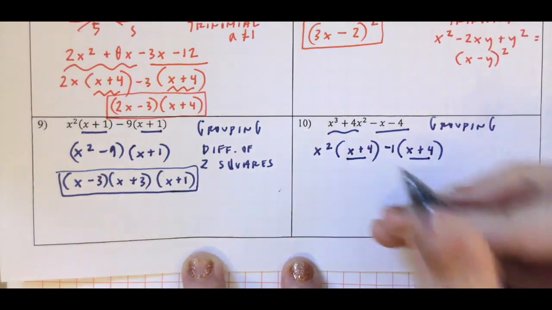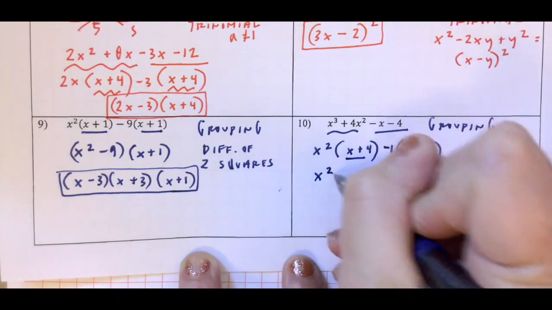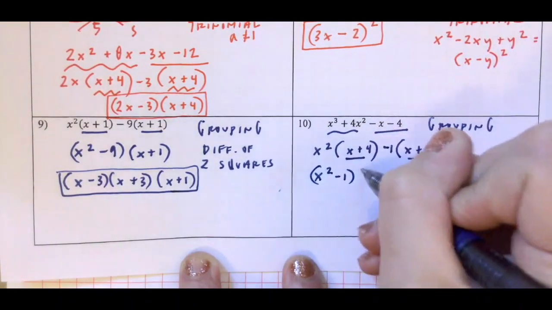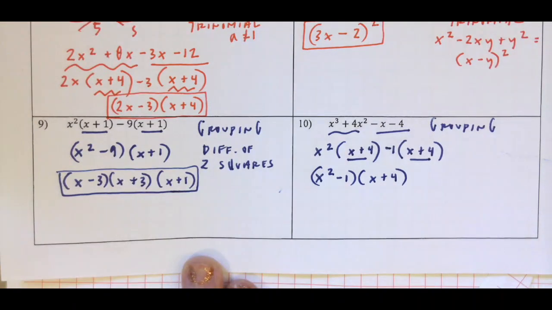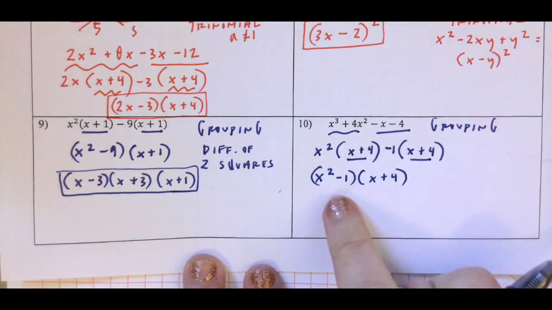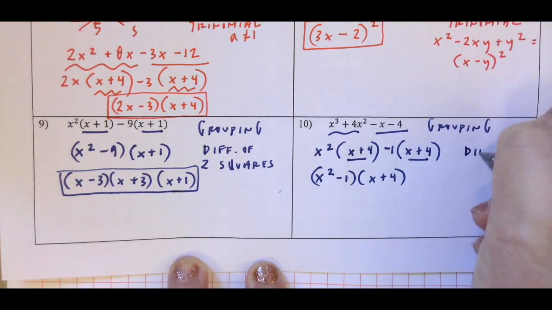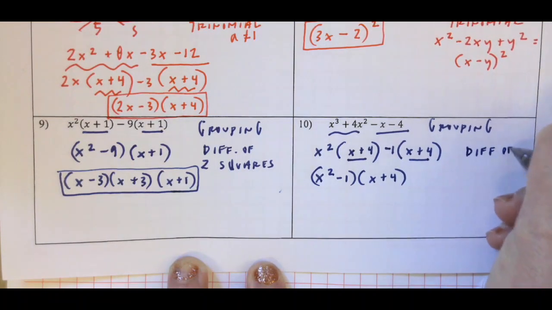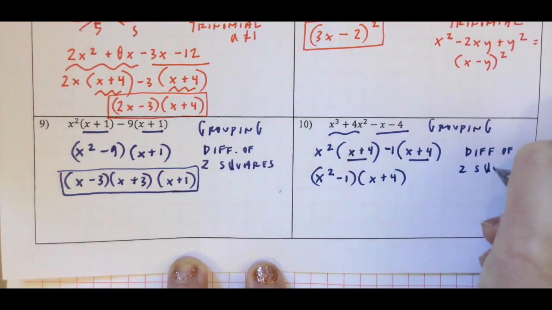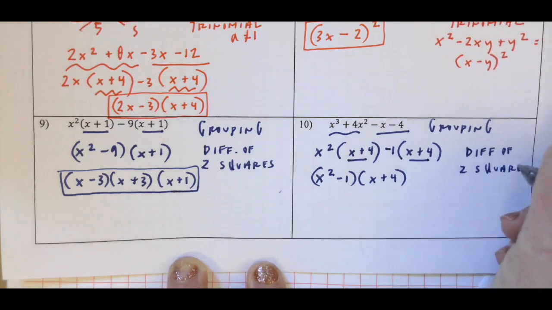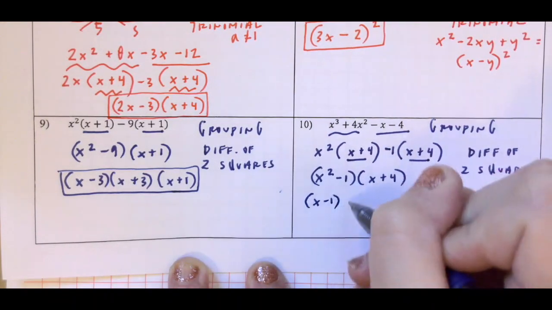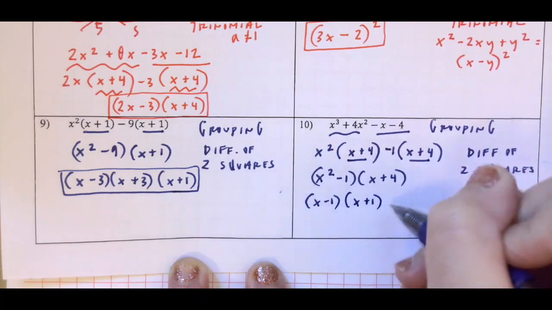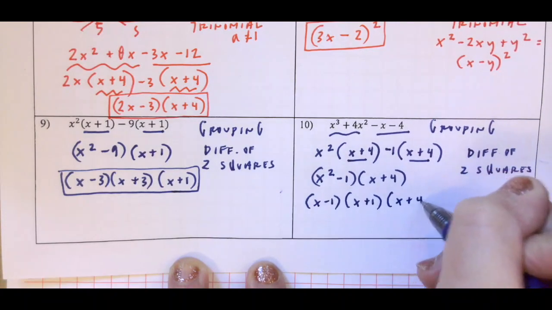So now I can rearrange it and write it as x squared minus 1 times x plus 4, all in parentheses like that. And then I see, oh, difference of two squares. There's more to do. So difference of two squares breaks down into x minus 1 times x plus 1, and then times x plus 4, just like that.